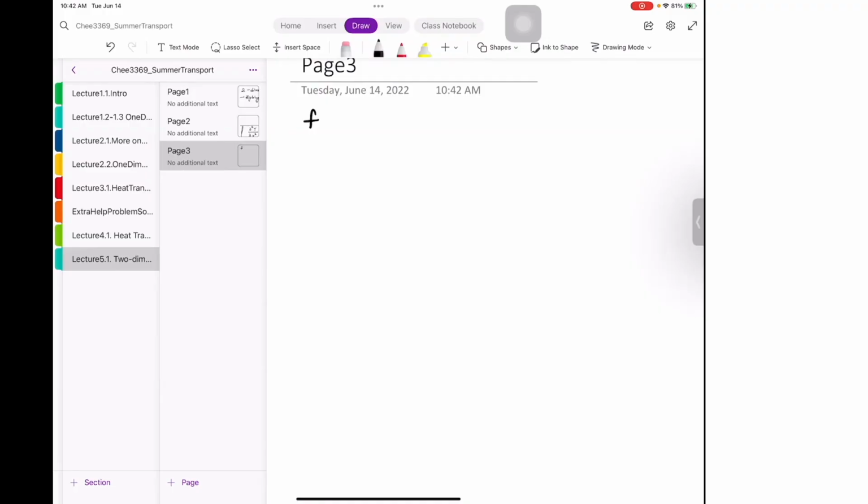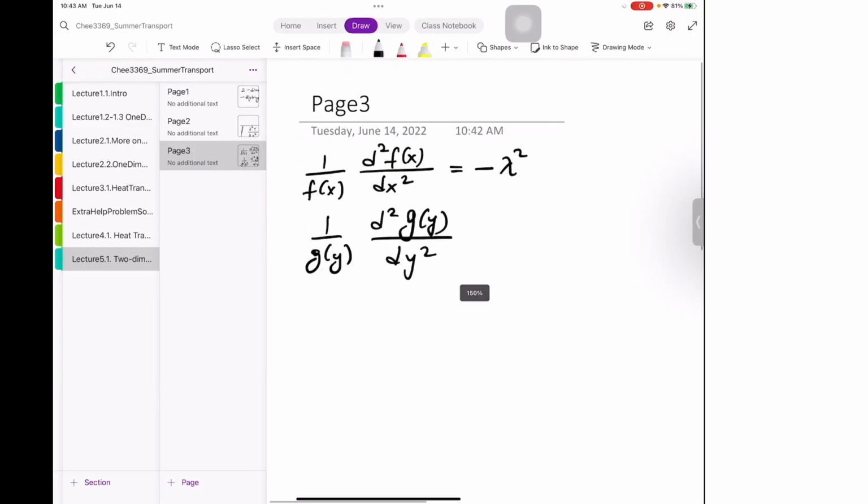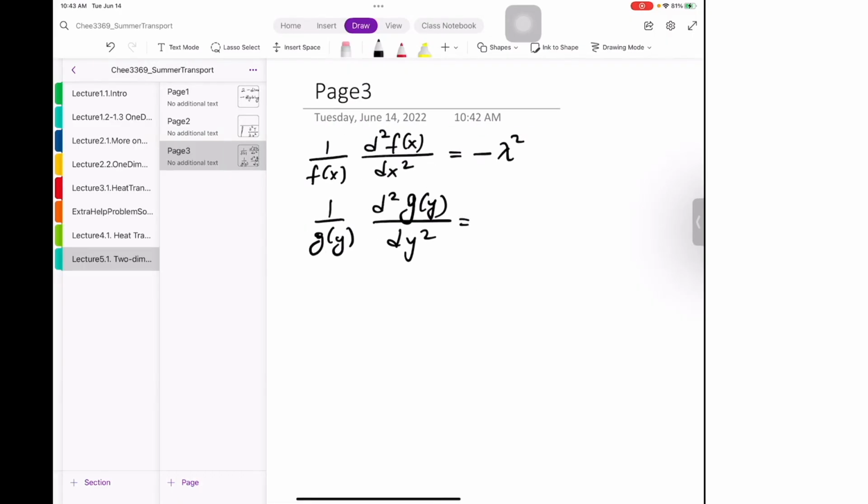1 over f of x, d squared f of x over dx squared is equal to negative lambda squared, and 1 over g of y, d squared g(y) over dy squared is equal to lambda squared, because this had a negative sign in between, so we make both positive.